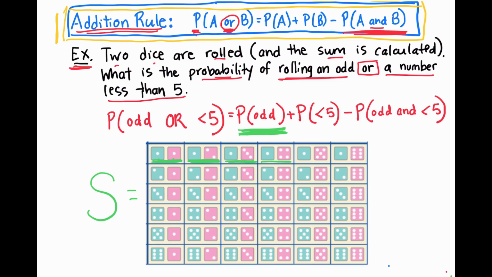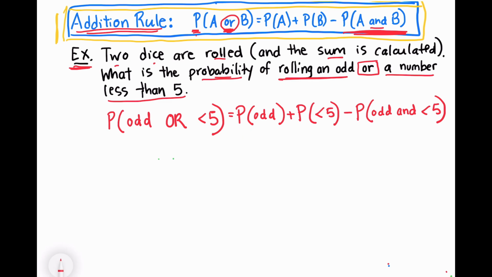Going down here, 2 plus 1 is odd, even, odd, even. So we just have this alternating pattern. And as you can guess, half of these numbers will give us an even sum and half will give us an odd sum. So the probability the sum is odd is going to be half, or 18 out of 36.